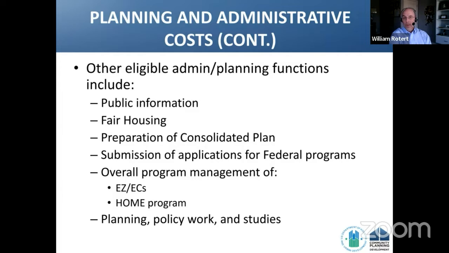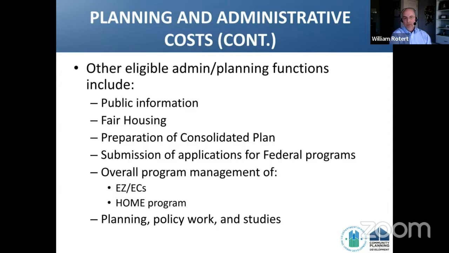You can also use CDBG to pay for the cost of submission of applications for federal programs. Oftentimes, as you know, CDBG is used in companion with other federal programs, for example, in a disaster situation. So those costs are normally general admin and planning costs. The costs of your overall management of things like an EZ or EC, a number of you have designated empowerment zones or enterprise communities. Those are general admin and planning.